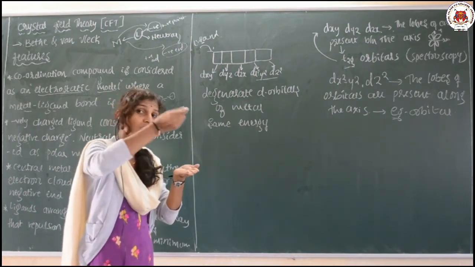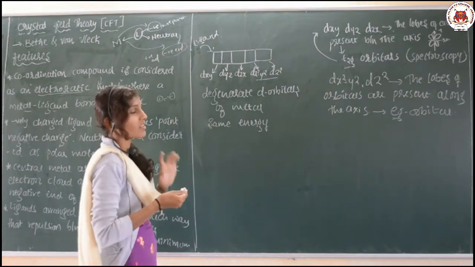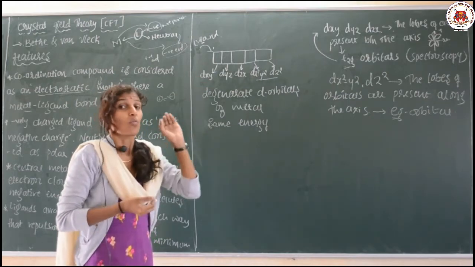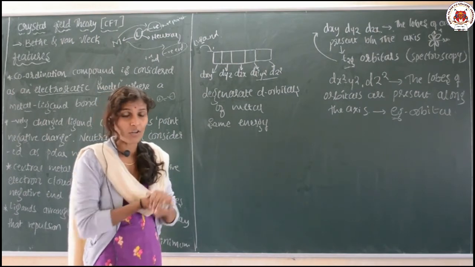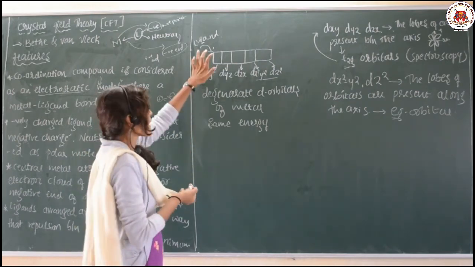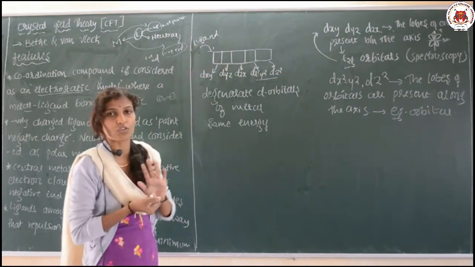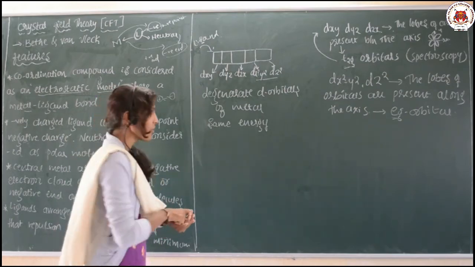When the ligand starts to approach the central metal atom, there is a repulsion between the electrons of the ligand and the electrons of the metal. So what happens here?